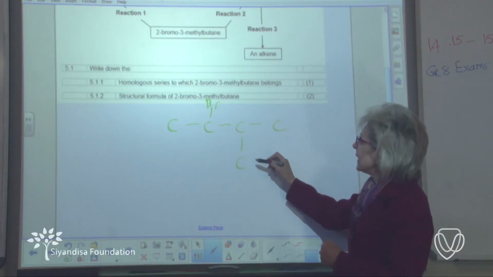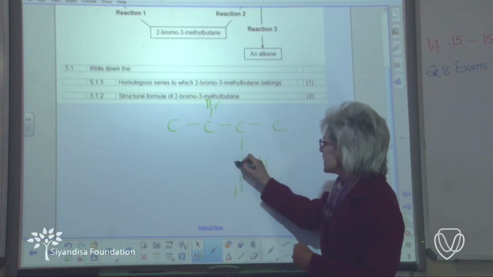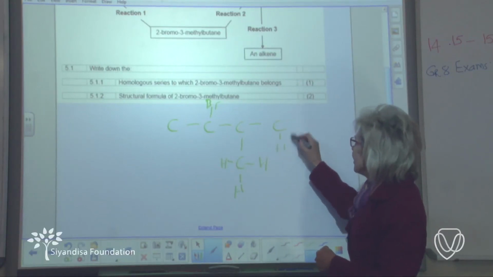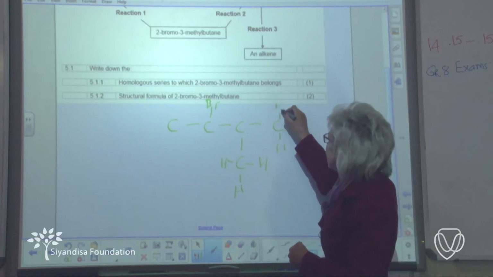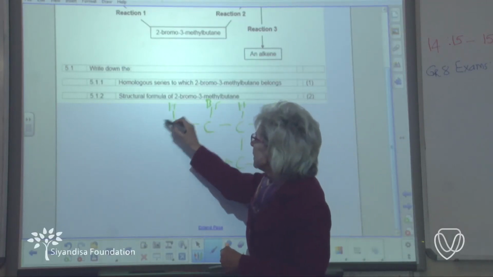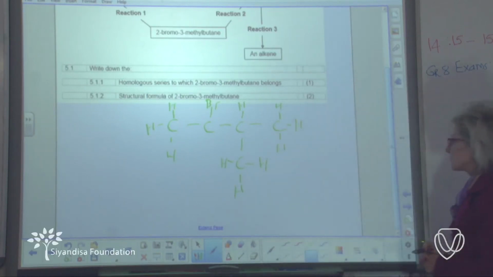It is a structural formula, so the 3 H's must be structured like that. And then each one of the other valencies of each carbon to be filled up with hydrogen atoms. So that was question 5.1.2.